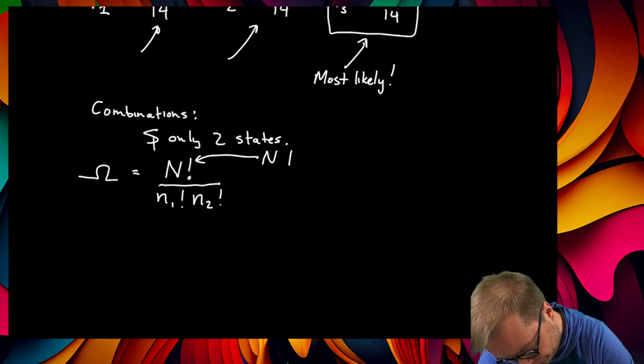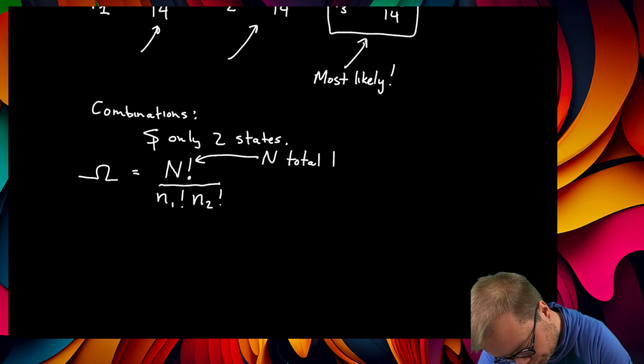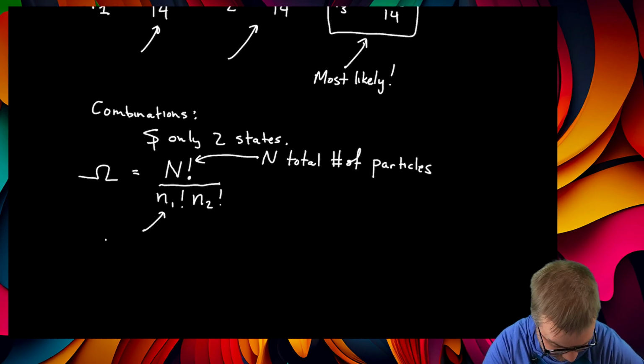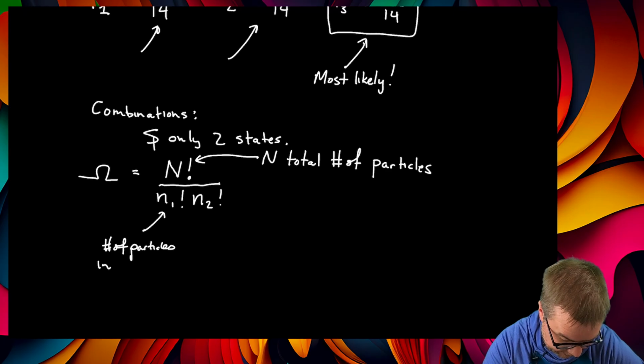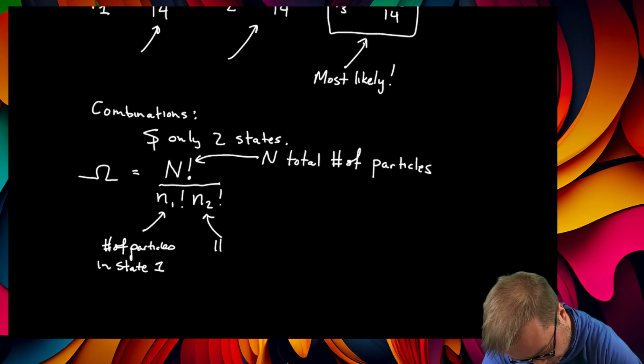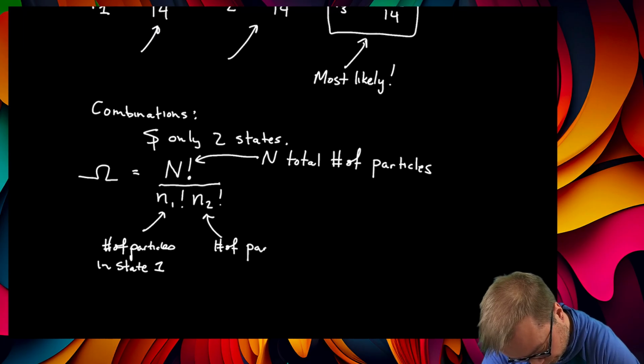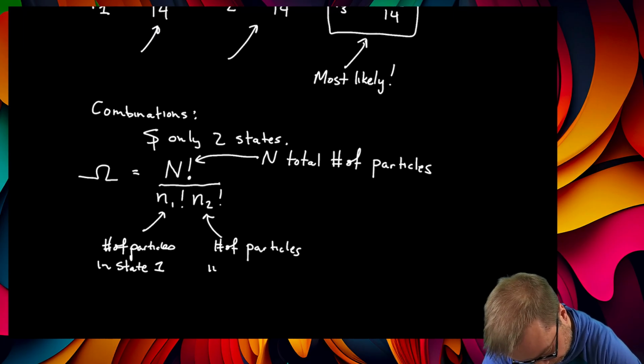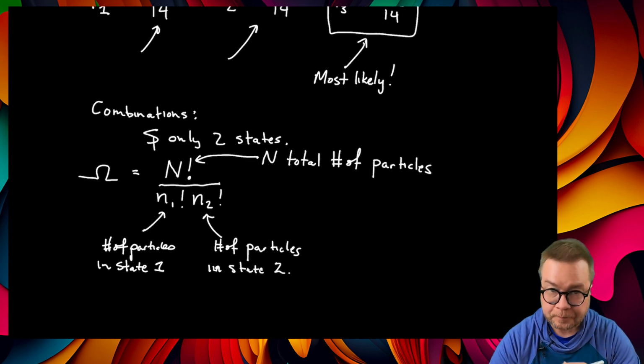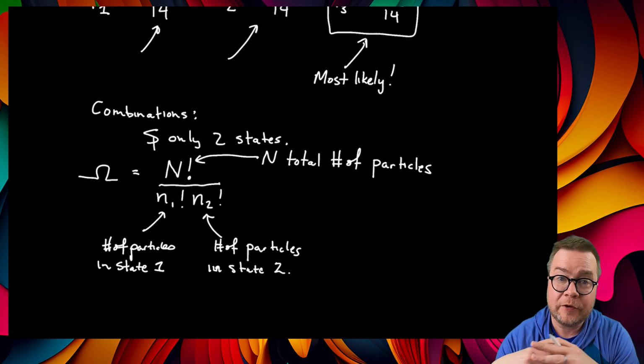Capital N is the total number of particles. This is the number of particles in state 1. This is the number of particles in state 2.